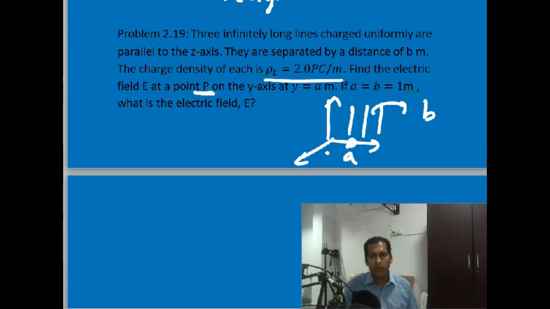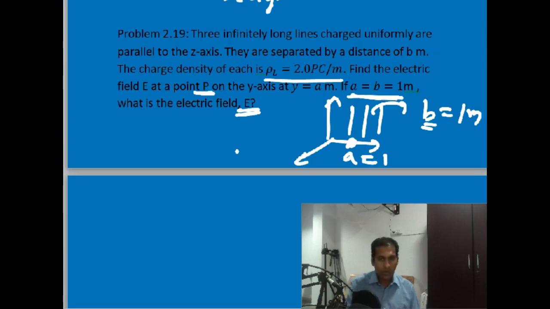Here we have to find out electric field. If A is equal to B is equal to 1 meter, what is the electric field intensity? So this is 1 meter, this is also 1 meter. So for these given distances, we have to find out the electric field intensity. So first of all, let us note down the formula for electric field intensity.